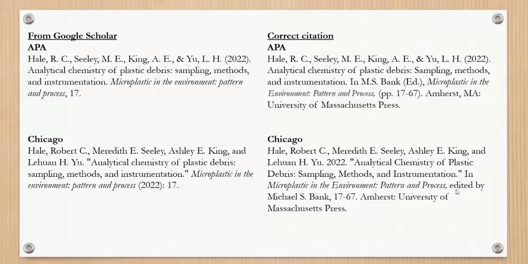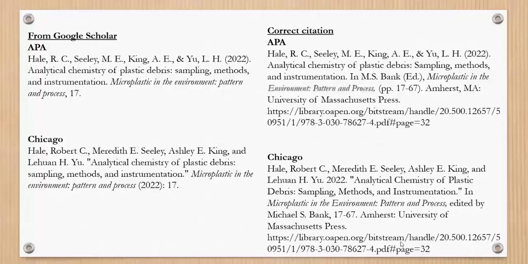And then they write out the words edited by and include the editor. Then they include the page numbers, the place of publication, and the publisher. Finally, for both citation styles, I must add the URL where I found the book since I found it online. And now I have a correct citation.